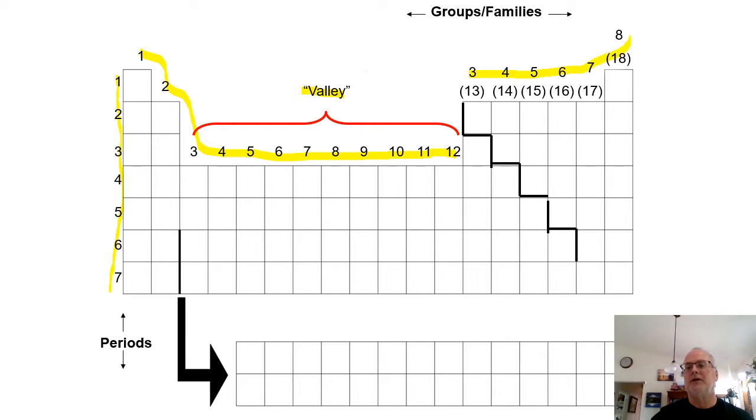Remember, when you get over here, you need to have the 3 through 12 in. And then also don't forget to put in the break where metals, nonmetals, and metalloids are. So you basically just have to get this all set up so that you can fill it out as we go along. What we'll be looking at are different families.